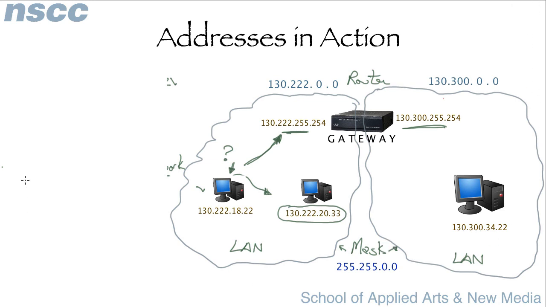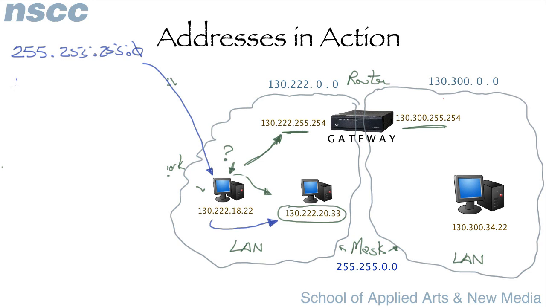Let's suppose we mistakenly set our network mask as 255.255.255.0. So we made this configuration mistake for this machine. And let's suppose this machine wanted to send a packet. So the destination it was sending a packet to was 130.222.20.33.